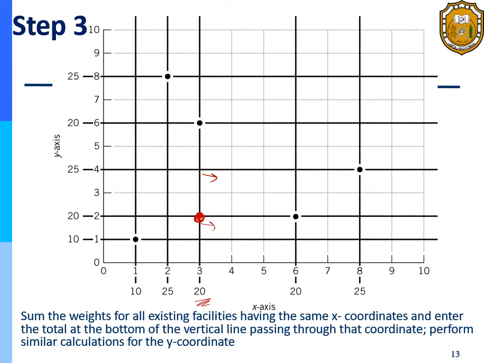So in this step we simply write the weights corresponding to all vertical lines just at the bottom of the lines, and similarly for horizontal lines to the left of the lines. This 25 is the weight of this facility. This 20 is the weight of this facility.